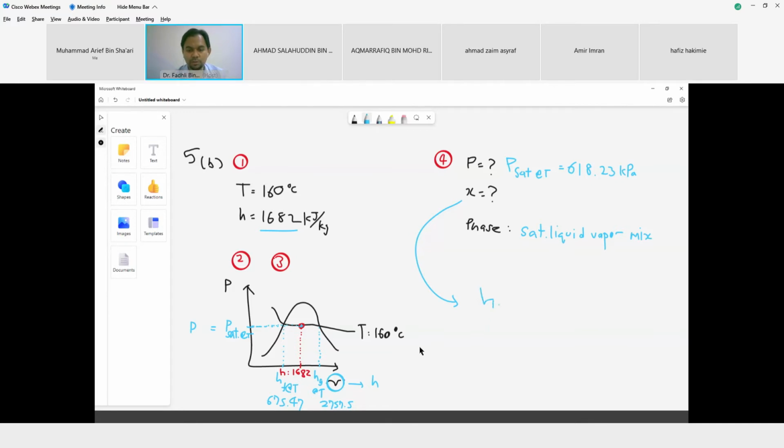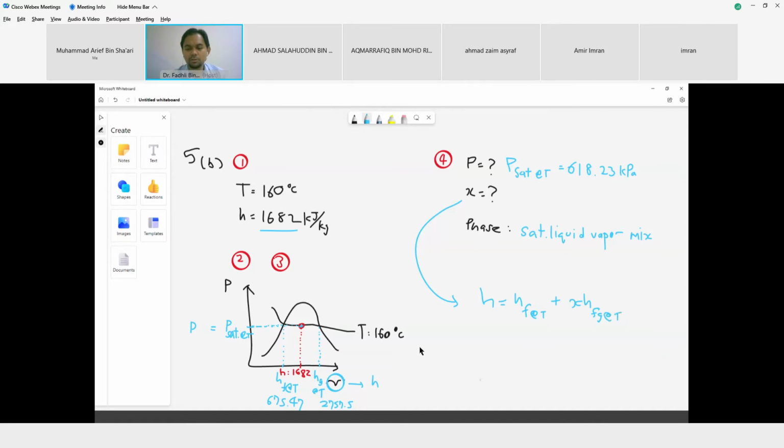As what we learned before, H equals HF at the given temperature plus X HFG at the given temperature.